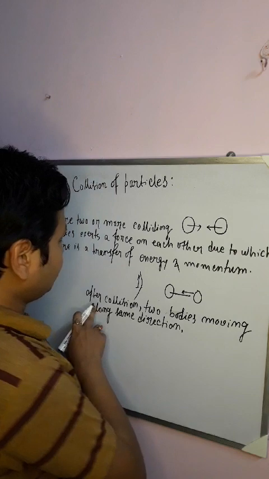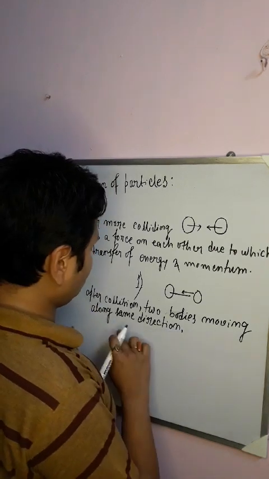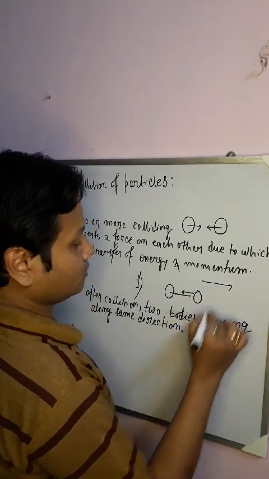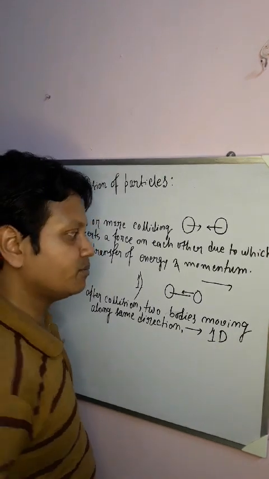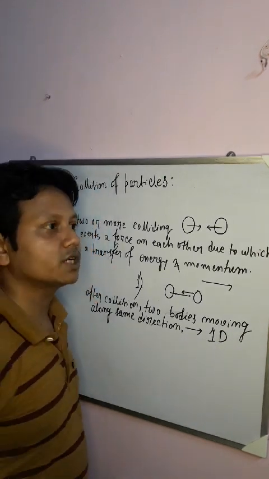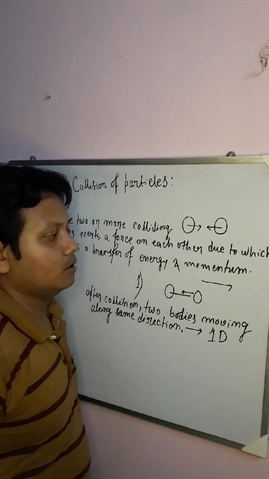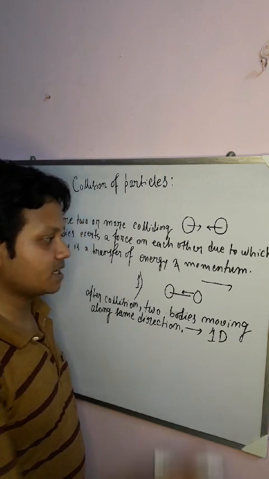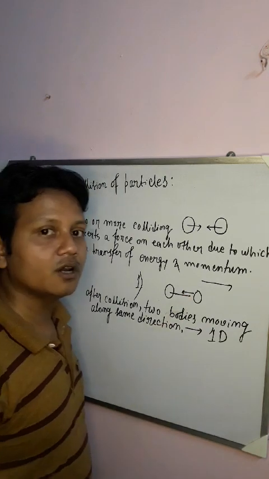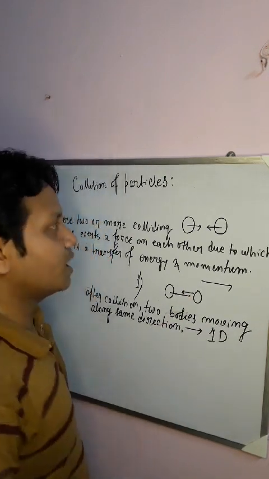So if after collision the two bodies move along the same direction, we can say the collision is one dimensional. Remember this: after collision, if the target and the striker move along the same line, it is called 1D collision, one dimensional collision.